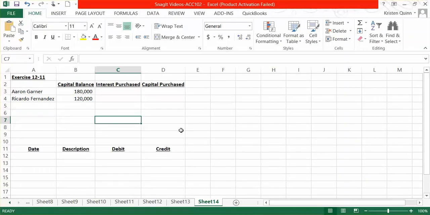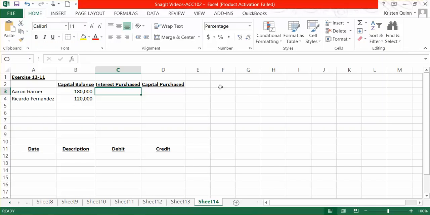So, when we look at adding Carpenter to our business, we have to determine how much she is purchasing from each partner. They again tell us that she is going to buy 1/5 of Gardner's interest and 1/4 of Fernandez.